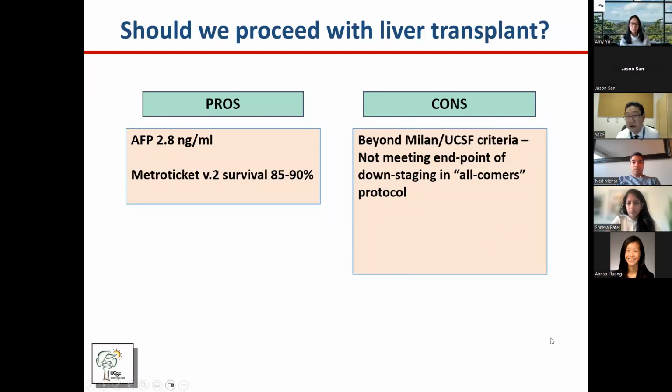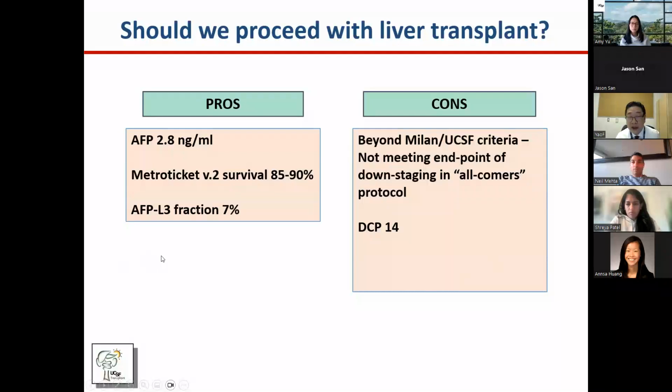How about the biomarkers? AFP-L3 is 7%. In at least our data, less than 15% is good. Some other data, like the Mayo Clinic studies, use less than 35%. DCP is 14, so not so good. 7.5 is kind of our threshold. So there's another negative marker here.